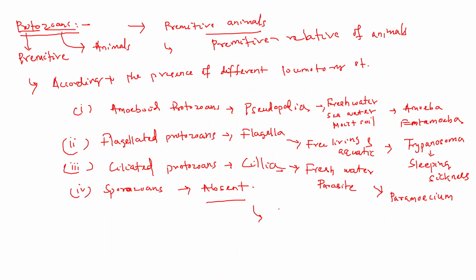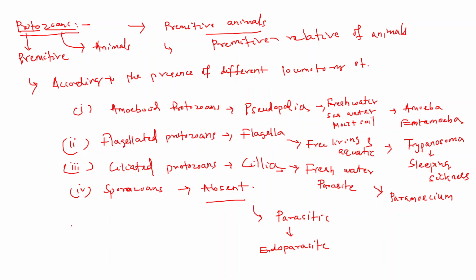In sporozoans, as I said, the locomotor structure is absent. All sporozoans are parasitic, and they are known as endoparasites. What do you mean by endoparasite?